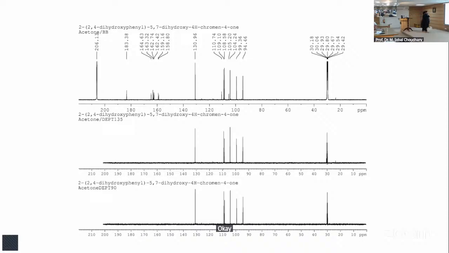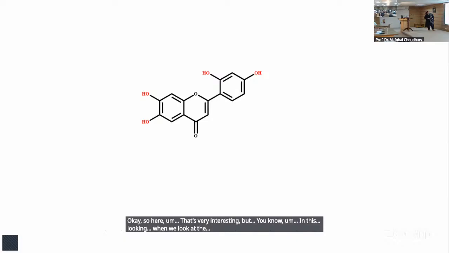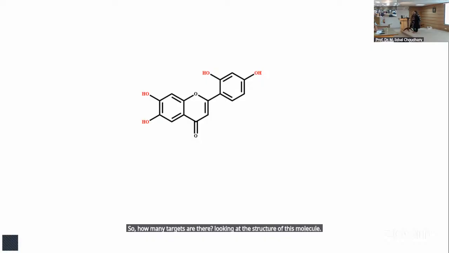Okay, so here, that's very interesting. When we look at the structure of this molecule, how many carbons are there? 15 carbons.